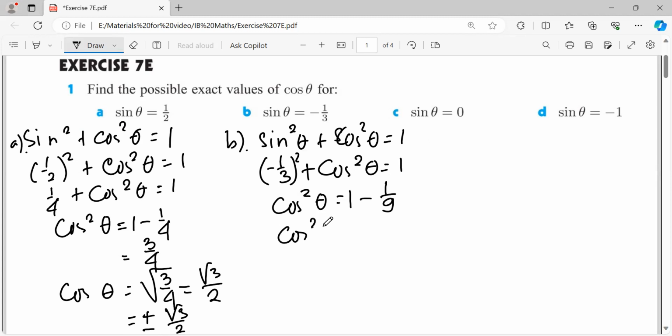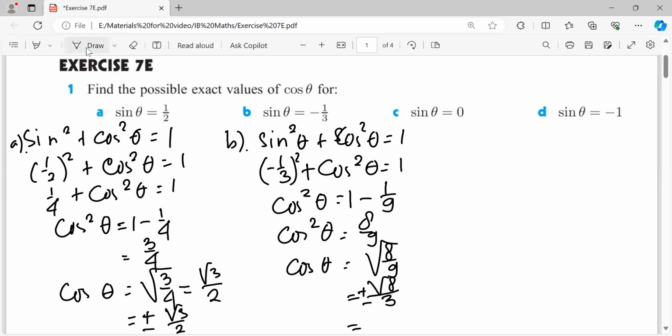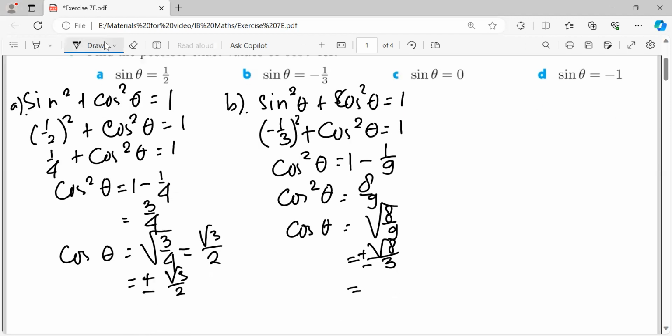So cosine squared theta equals 8/9, because 9/9 minus 1/9. Cosine theta equals square root 8/9, and it becomes square root 8 over 3, positive or negative, which is plus or minus 2 square root 2 over 3.